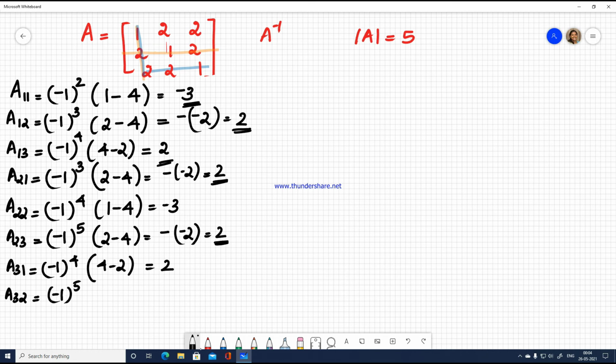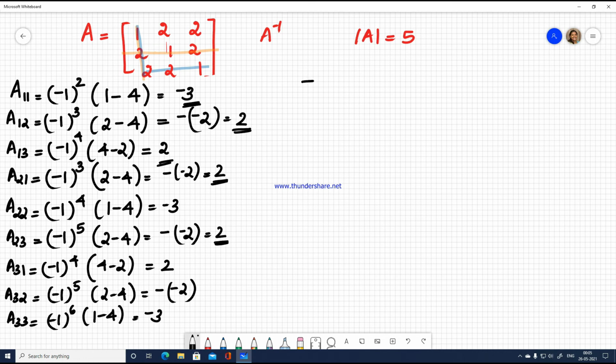Then you cover this particular column and the row, you will get it as 2 minus 4, that is minus of minus 2. Then A33 is equal to minus 1 raised to 6. Then you cover this column and the row, it is 1 minus 4, that is minus 3.